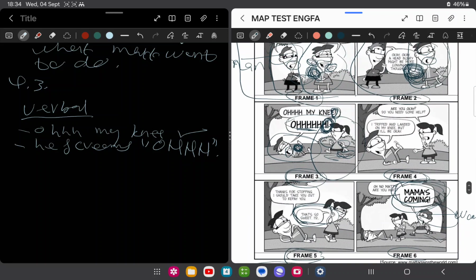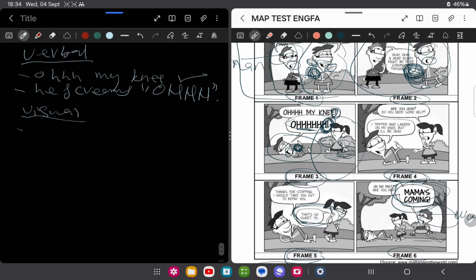Then let's go back to the cartoon again, frame number 3. Then look at the visual. We have to get the information from the picture, the visual clue. He's clutching his knee. Then secondly, the movement of the lines.